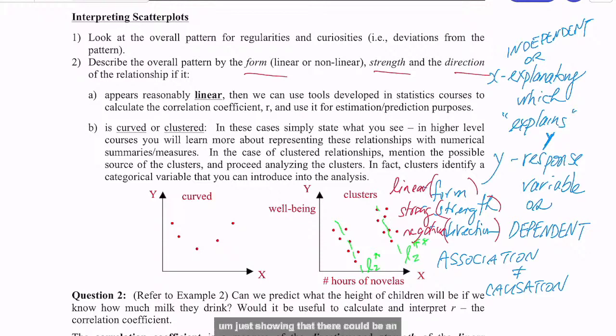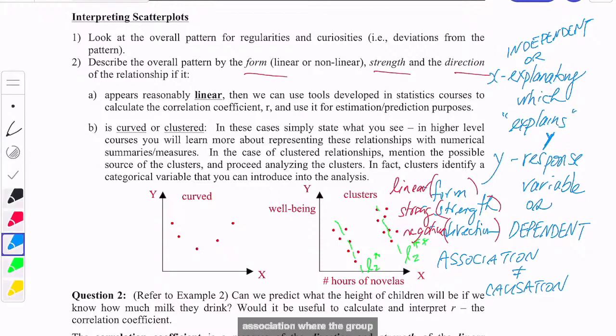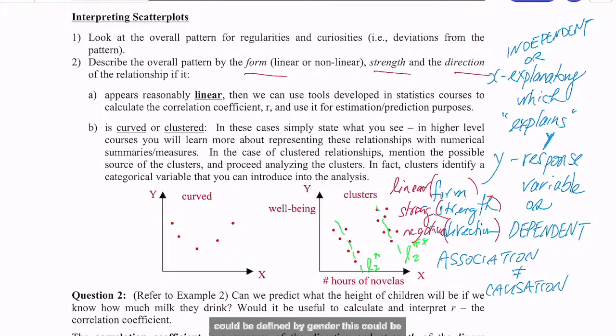Just showing that there could be an association where the group could be defined by gender. This could be men, and maybe women tend to watch more soap operas. So that could be divided by gender, but then the relationship is the same: the more hours of novellas you watch, the less happy you seem to be.